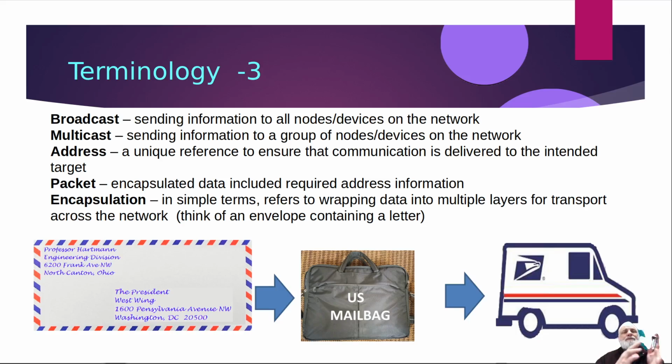But I also put my return address, so that they know who it's from and where it's supposed to go back to. So when you have these packets of data and you're going to send them across the network, you always have the address of the person you're sending it to and the address of the actual sender yourself.